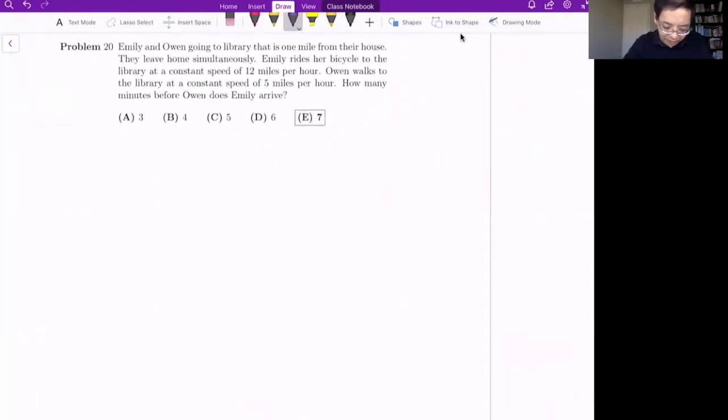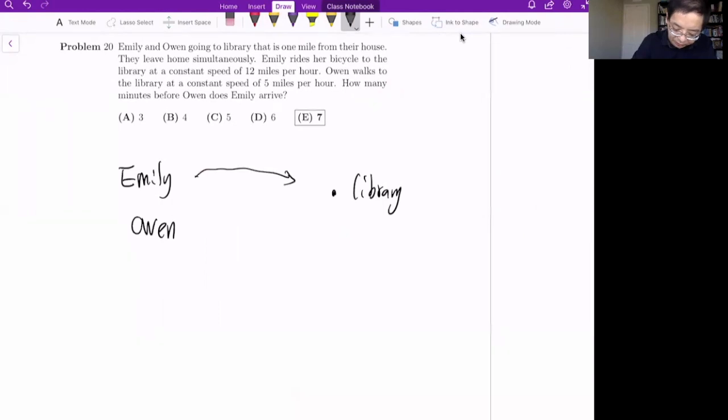All right, problem 20. Here we have Emily and Owen. They are going to a library that is 1 mile from their house. They leave home simultaneously. So this is the library. Emily rides her bicycle to the library at 12 miles per hour.